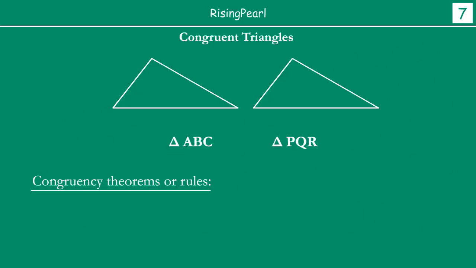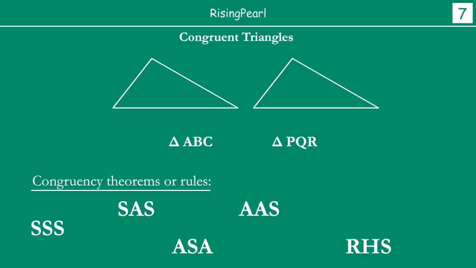Now also, we have seen in great detail in the last class about the theorems or the congruency rules, let us just note them down here. Let's just call these triangles ABC and PQR.